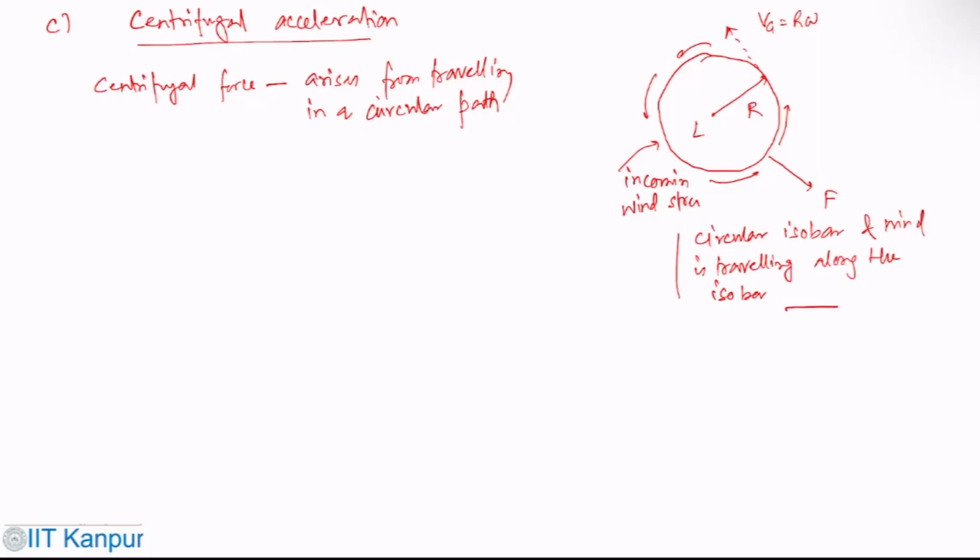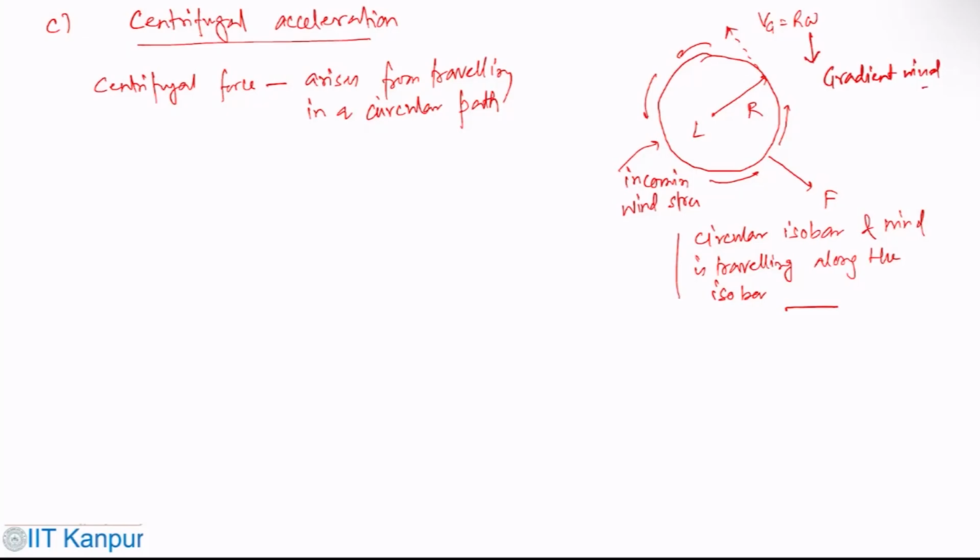The refinement of this VGO is the VG, which is the gradient wind, and that would be at any radius.